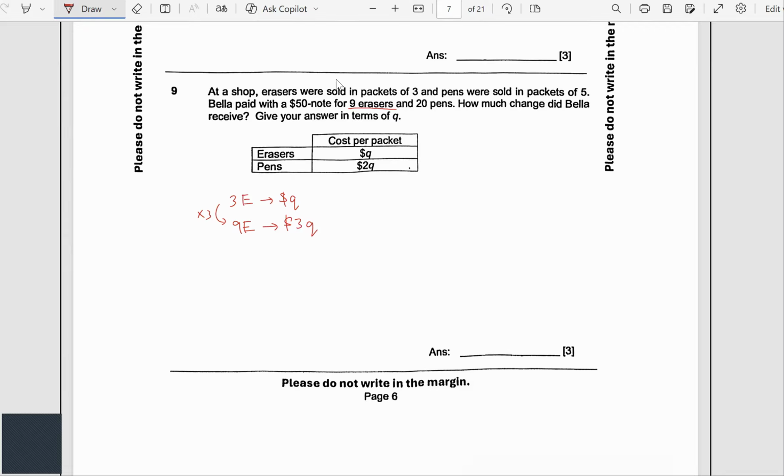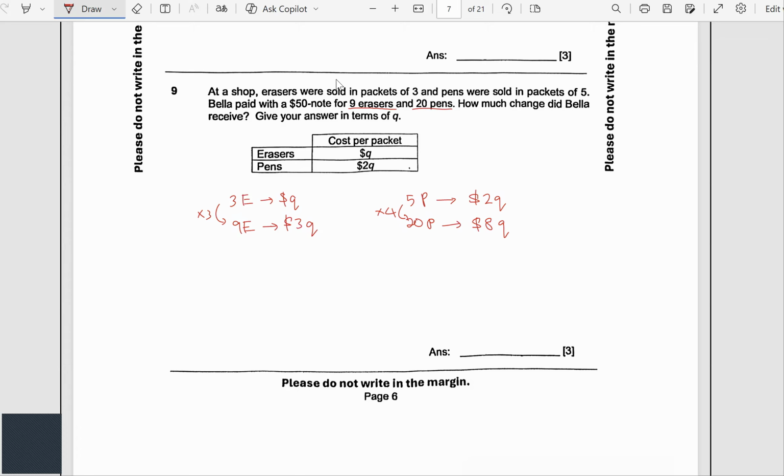How about pens? Every packet of 5, okay, 5 pens costs 2Q. We want 20 pens. So here we times 4. This one times 4, you get 8Q.